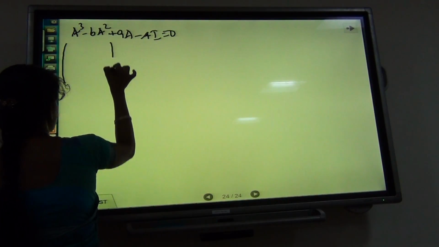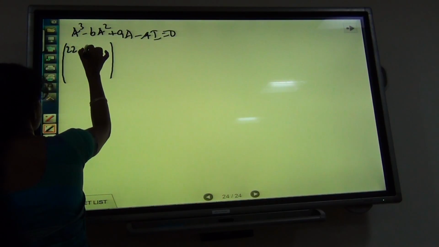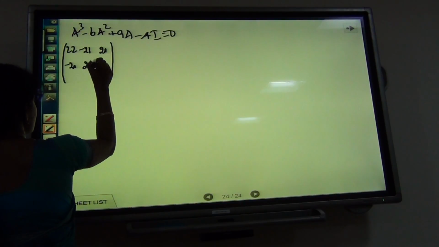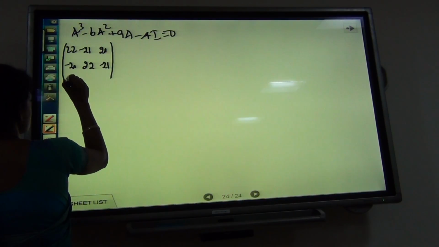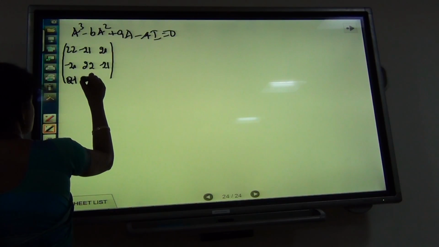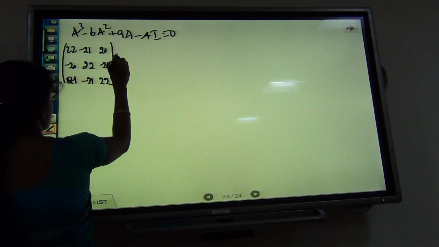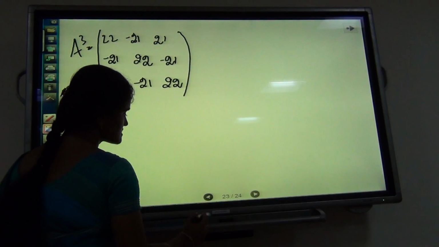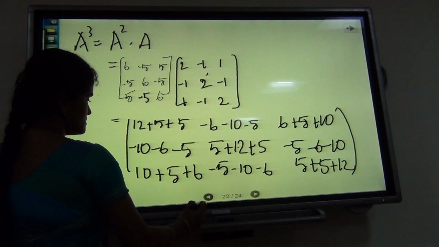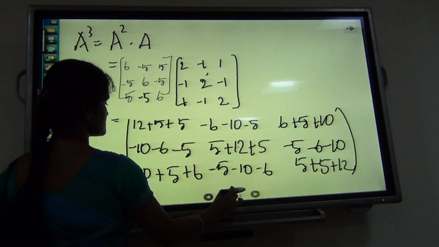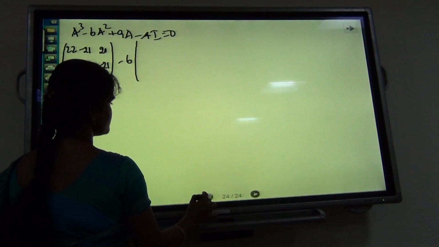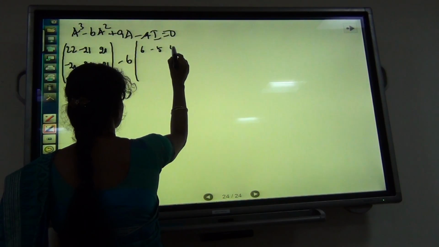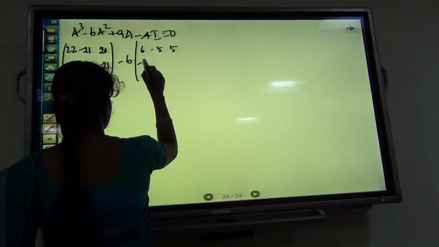What is our A cube? It is 22 minus 21, 21 minus 21, 22 minus 21, 21 minus 21, 22, minus 6 times A square. What was our A square? 6 minus 5, 5, minus 5, 6 minus 5, 5 minus 5, 6.